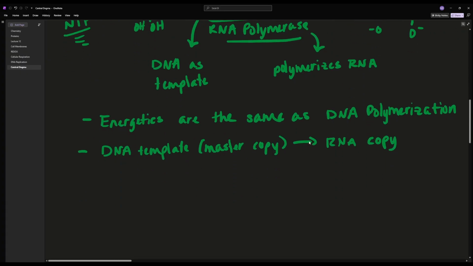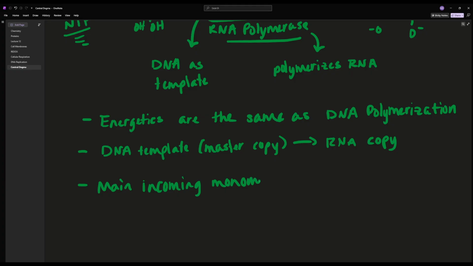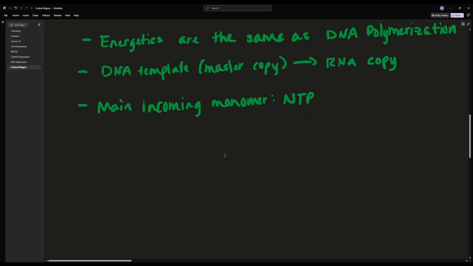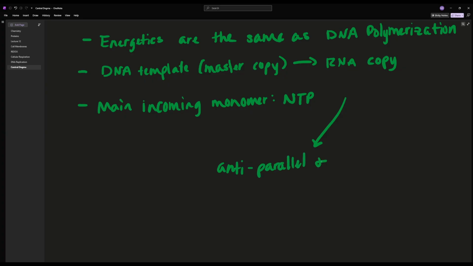And therefore, whereas in DNA replication we use dNTPs, the main incoming monomers are the NTPs, the nucleoside triphosphates, not dNTPs. So if we use a DNA template to make an RNA copy, we're going to use the same anti-parallel and complementary rules that we previously discussed.